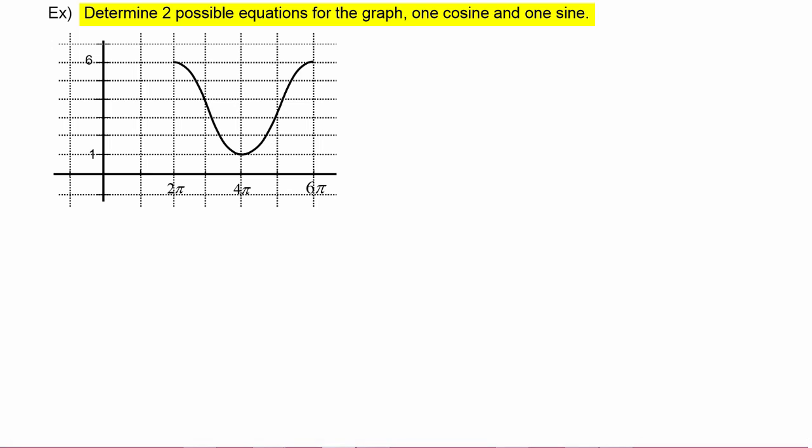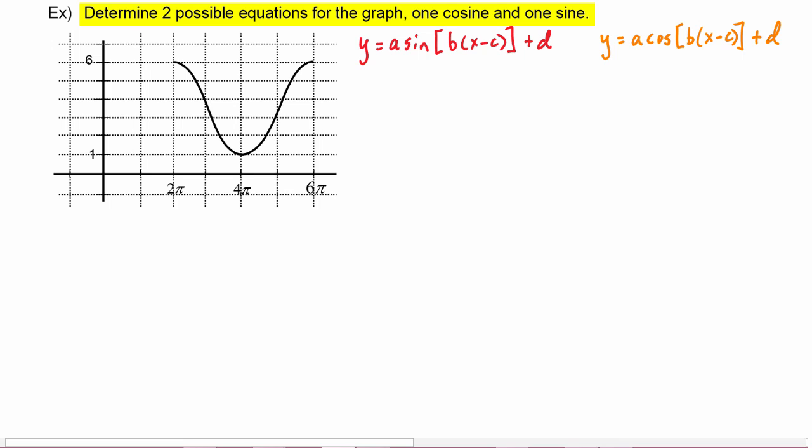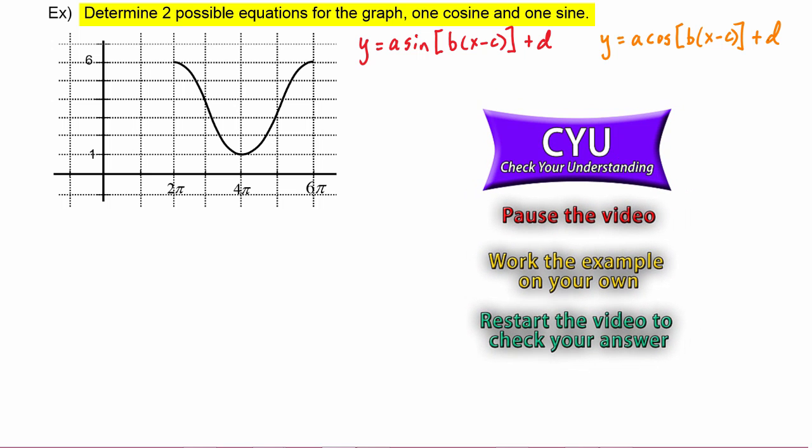So as before, we know we're going to write one in the form of y equals A sine of B times x minus C plus D, and we'll have to write a second one in the form of y equals A cosine of B times x minus C plus D. And your job is to find A, B, C, and D. So why don't you try this one on your own now, pause the video, and then restart when you're ready to check your answer.